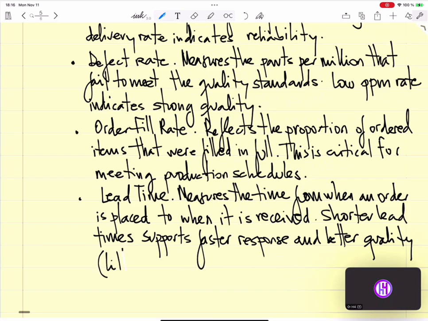Think about Little's Law. Not only think about it, think very much about it, okay? And of course, cost efficiency.